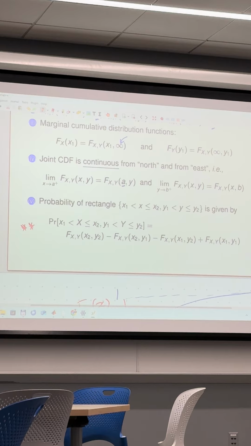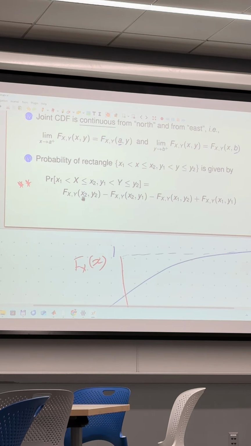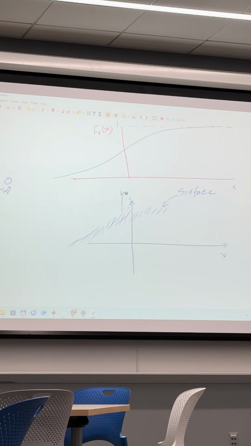Same thing for y: y can take a value at b plus, a little more than b, but you can evaluate it at b because of the continuity property. And then this is the rectangular property, which I'm going to write here.